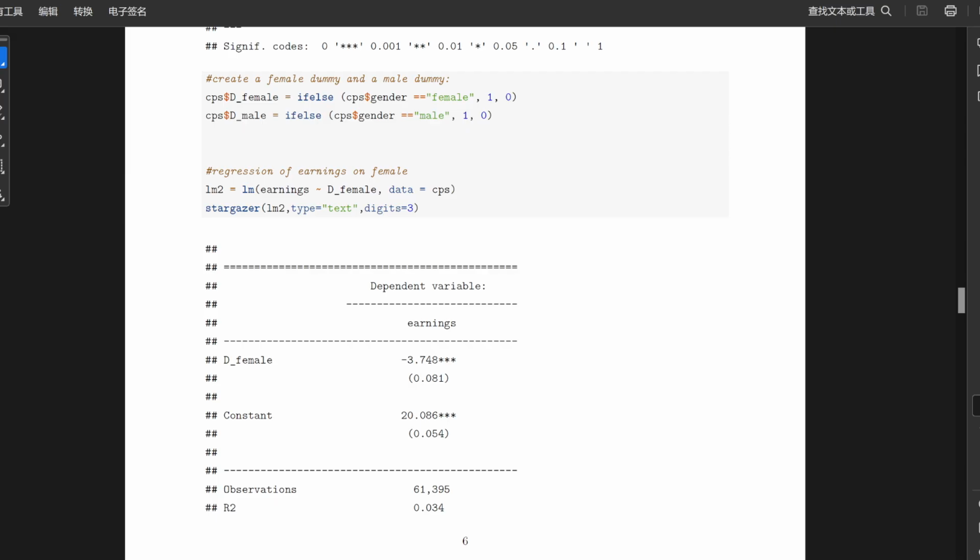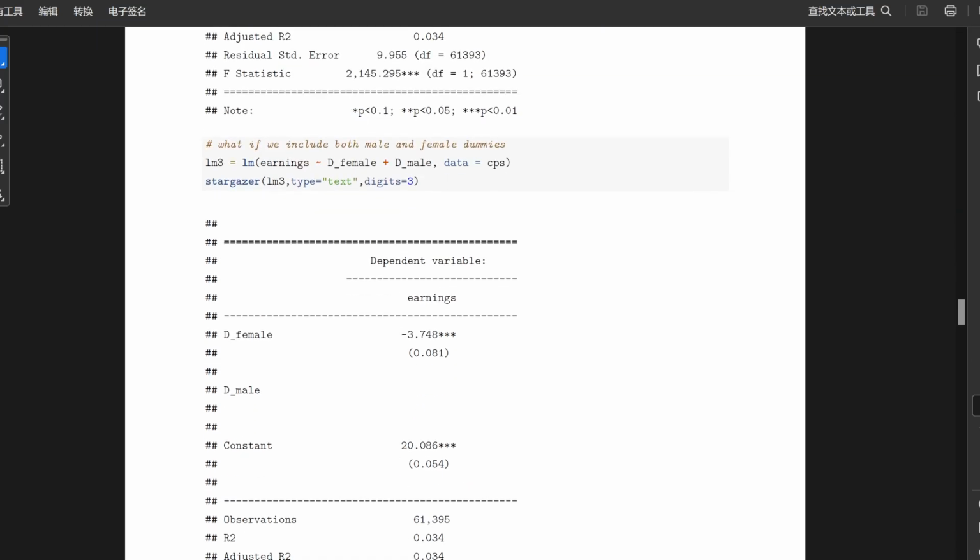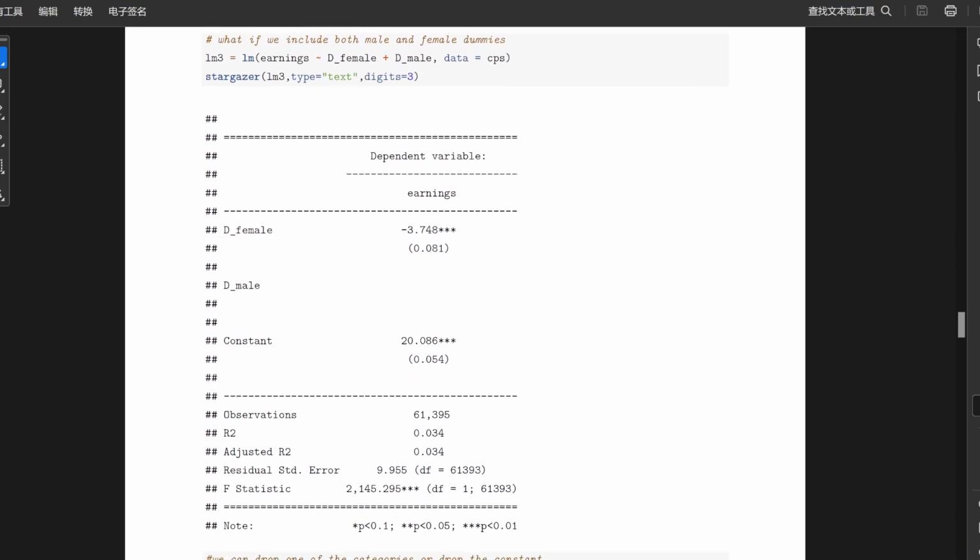So basically, on average, males got $20.1 and females got 3.75 less average hourly earnings than males, holding other factors constant.